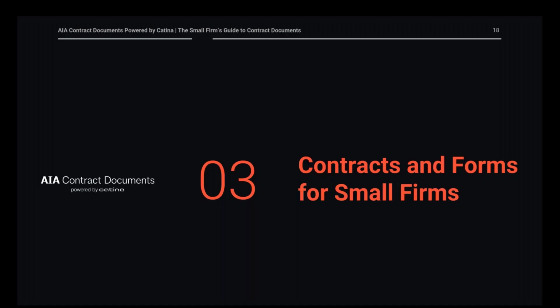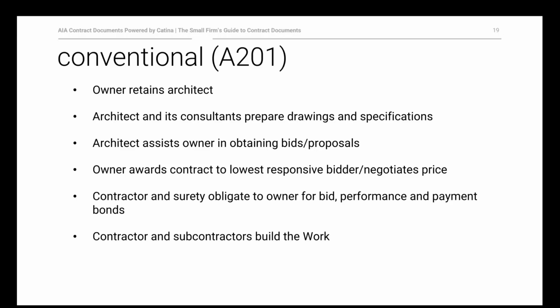Let's talk a little bit about contracts and forms that might be of interest to small firms. Starting with the delivery model, the conventional delivery model, right? This is design, bid, build. This is where the owner retains an architect. The architect and its consultants prepare the drawings and specifications, the instruments of service we just talked about.